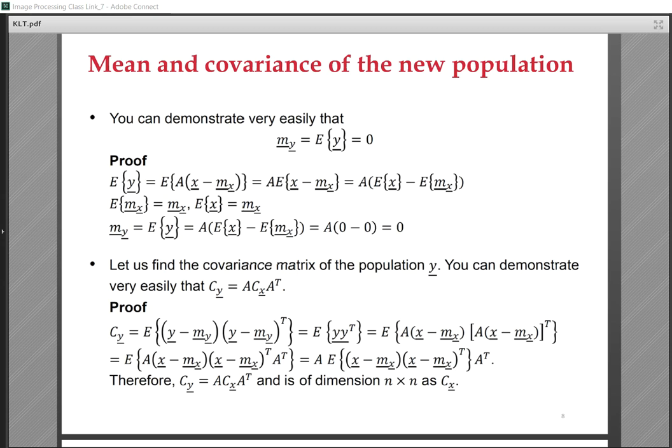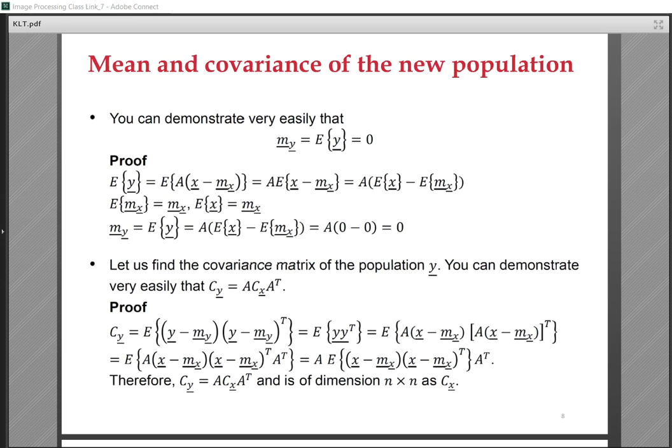Mean and covariance of the new population. We talked about the mean and covariance of the X domain, or X population, and now we see the mean and covariance of the new population. We can demonstrate very easily that my, the mean of the Y population, or the expected value of Y, is 0. This is the proof.